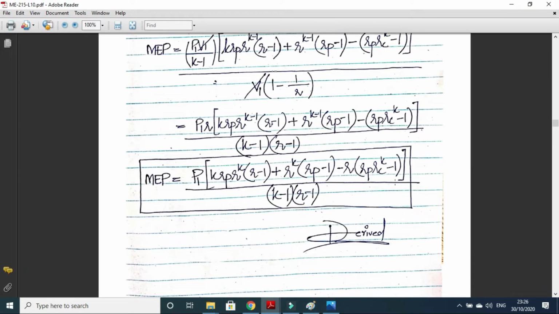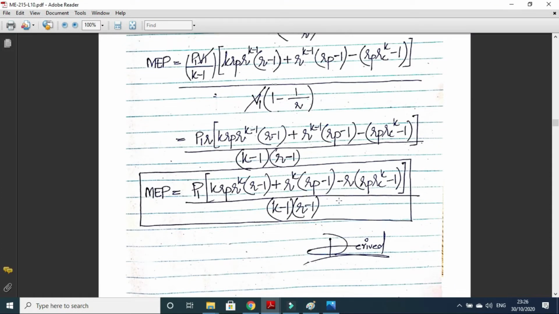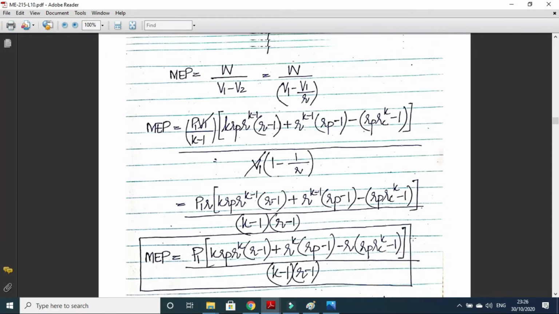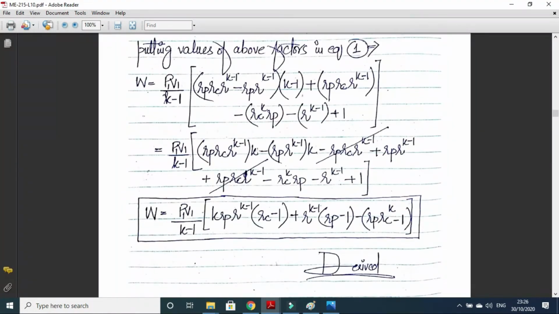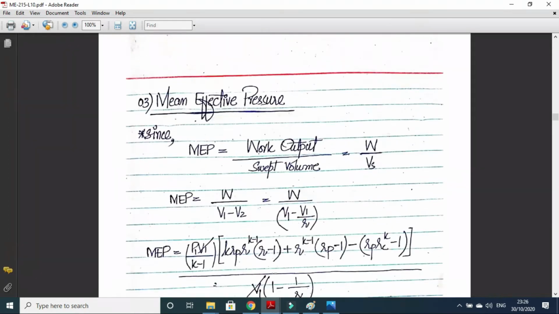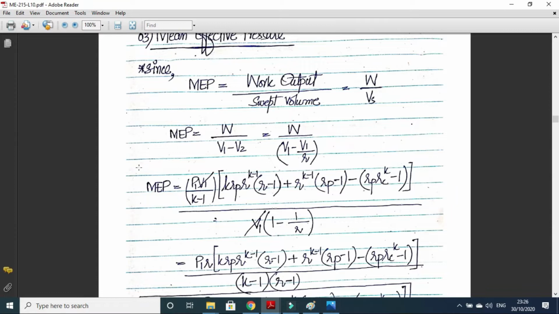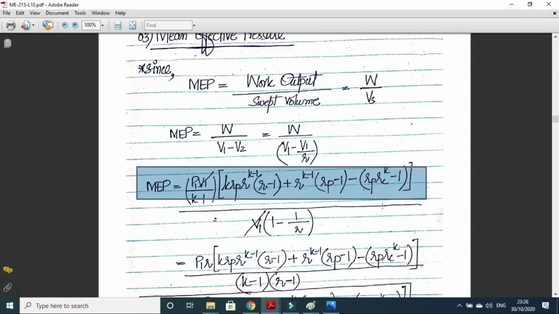Okay, so if you are asked in the exam to derive the mean effective pressure, then you have to do the derivation of net work output, and then you can derive the mean effective pressure expression. It is not like that if you have memorized the net work output expression, you just put it here.